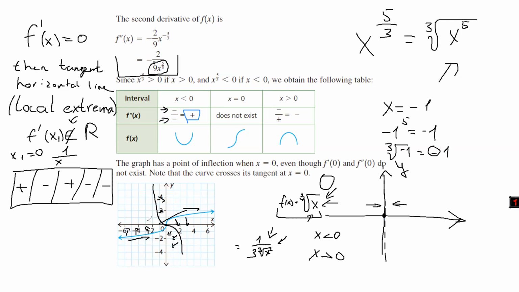Here the only difference is that y values are big, and we have two vertical asymptotes. Am I right? We have vertical asymptotes in this case. In the previous case, we had a horizontal one.